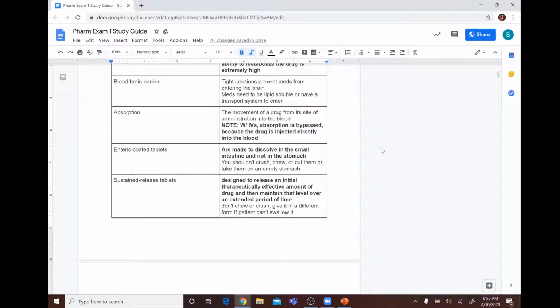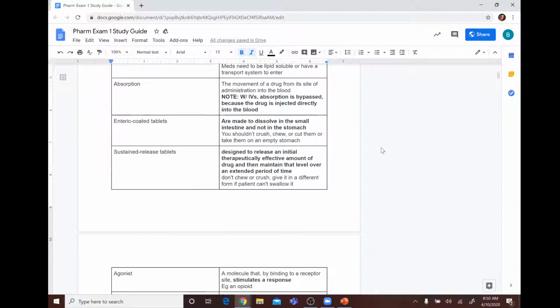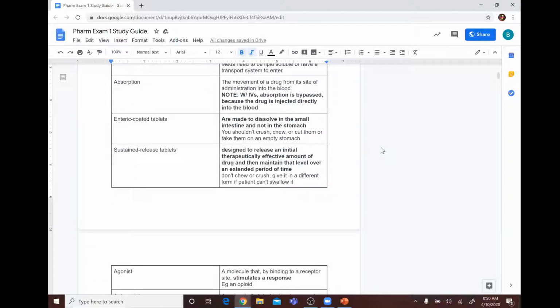Alright, what are enteric coated tablets? These are made to dissolve in the small intestine and not in the stomach. What should you not do with enteric coated tablets? You don't want to crush, chew, or cut them, or take them on an empty stomach.